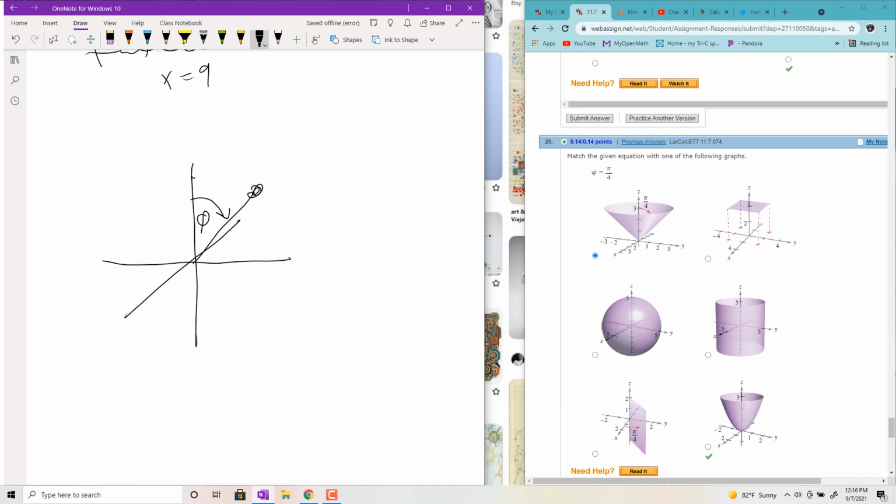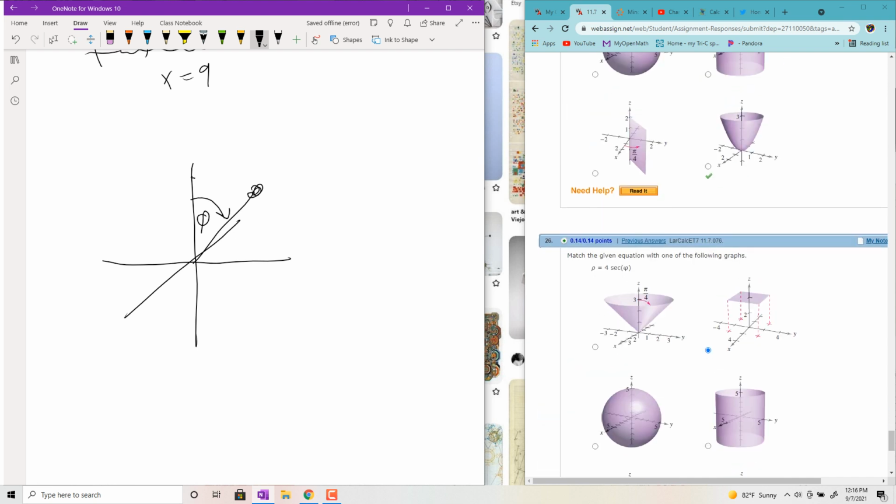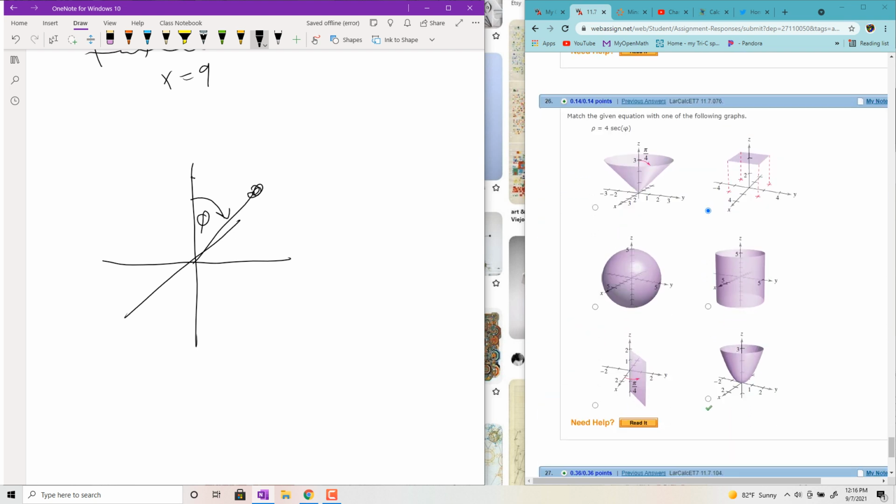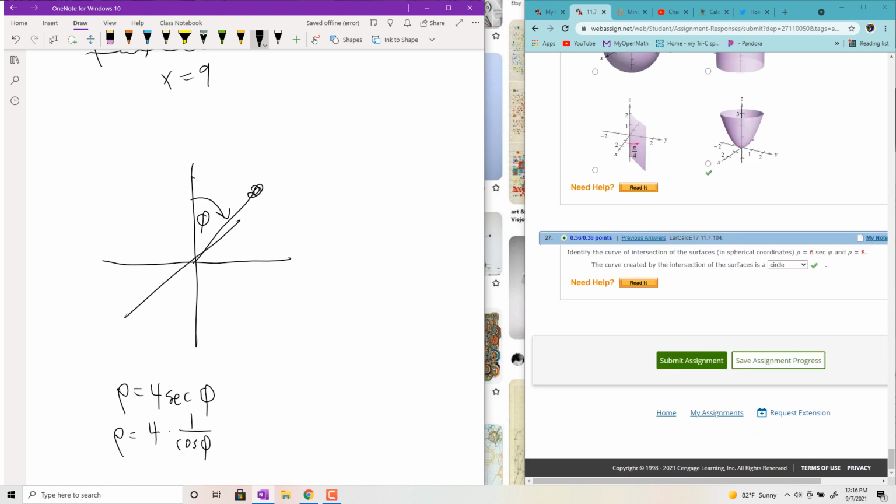So if you did that, you would end up with that cone figure. Okay. Anyways, rho equals 4 secant phi. That's rho equals 4 times 1 all over cosine of phi. That's just going to give you z equals 4, so that's a plane.